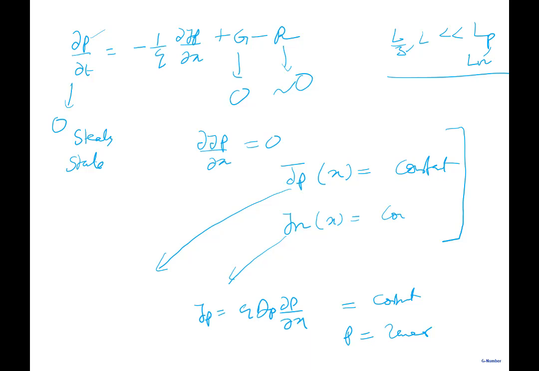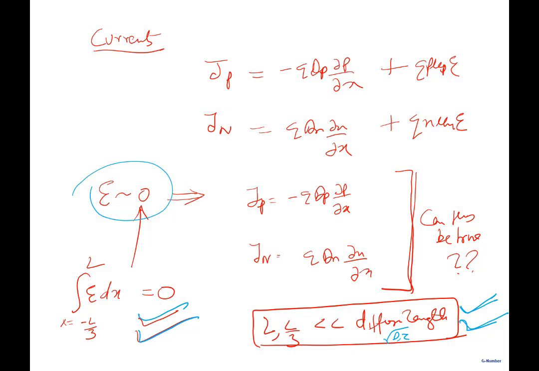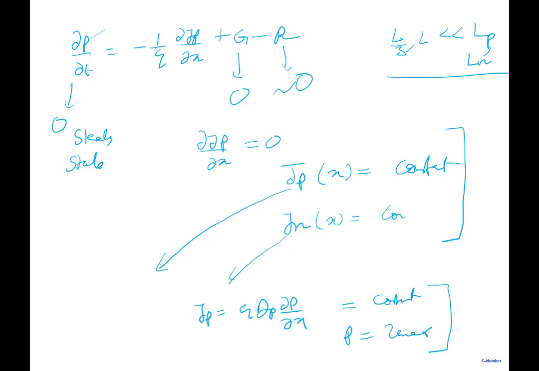That we could say. But then if this is constant, then we say p is linear. Because of what has been said, E equal to 0, you assume it to be true, then you are saying I will assume it to be linear. So what does your problem really look like?